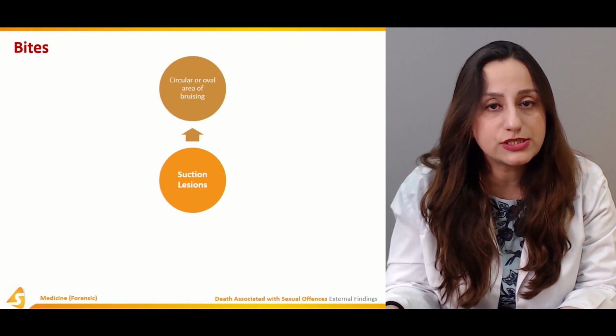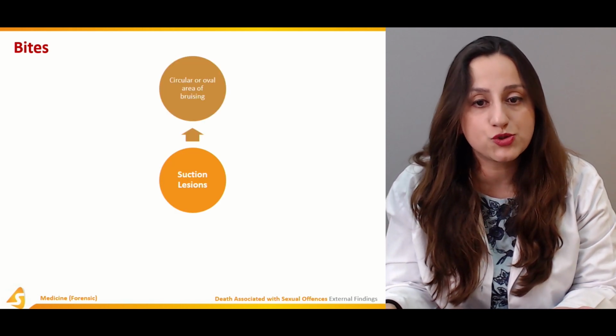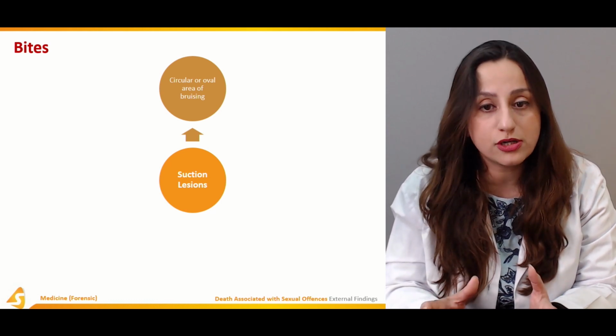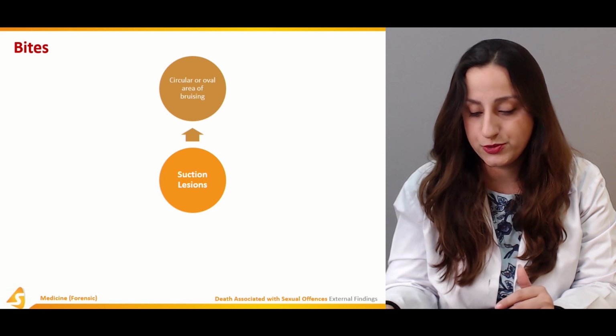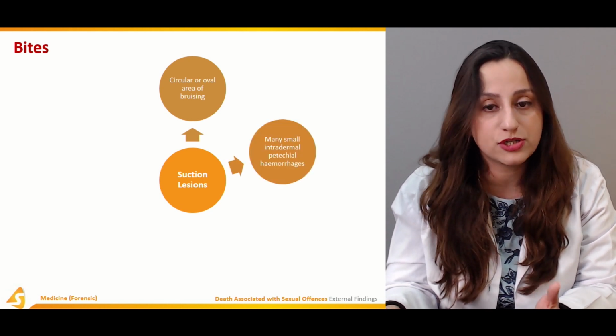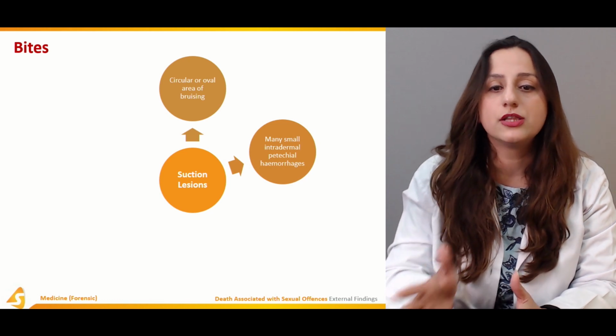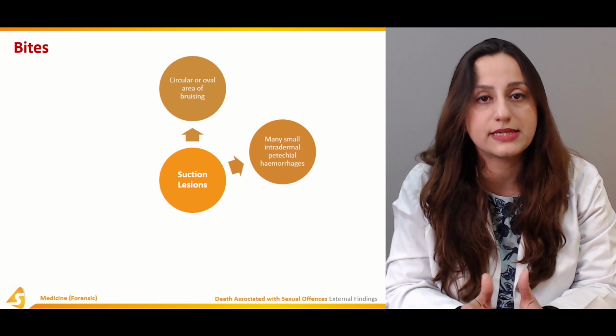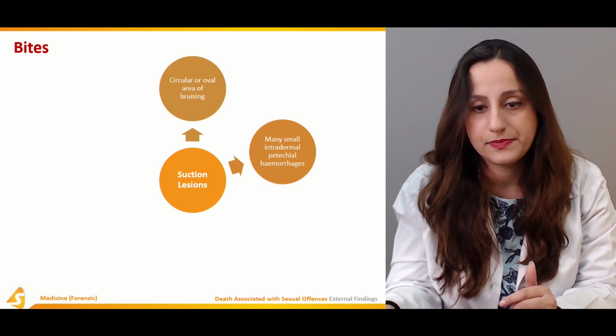The suction lesions, of course, as we were referring to, what are the characteristics? They are circular or oval areas of bruising, and there are many small intradermal petechial hemorrhages, and the locations are again going to be of the same kind, that is the neck and the breast and the pelvic regions, of course.